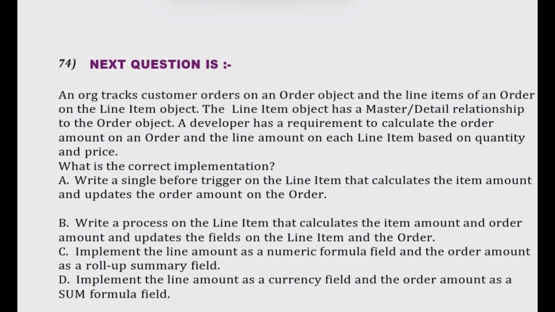Option C, implement the line amount as a numeric formula field and the order amount as a roll-up summary field. Option D, implement the line amount as a currency field and the order amount as a sum formula field. Correct answer is option D.